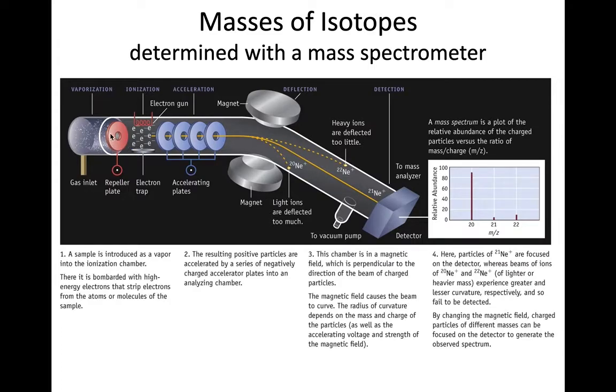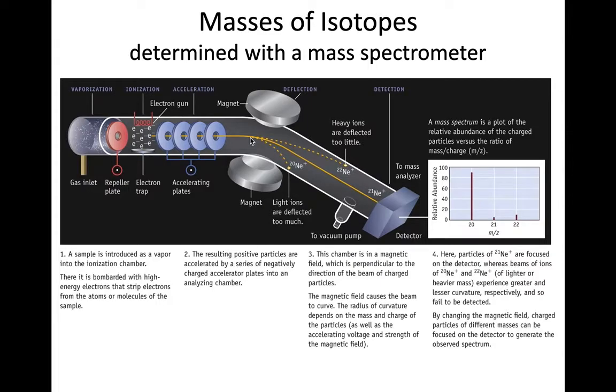Alright, now there's a negatively charged plate here to repel those negatively charged pieces away. And there are positively charged plates here, and as they pass through, they get faster and faster and faster, right? There's a whole bunch of positively charged things trying to pull them through, and so they speed up, they're accelerated through here, and they pass through a curve here where there's a magnet on both sides.